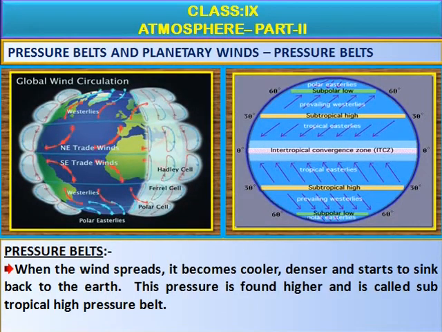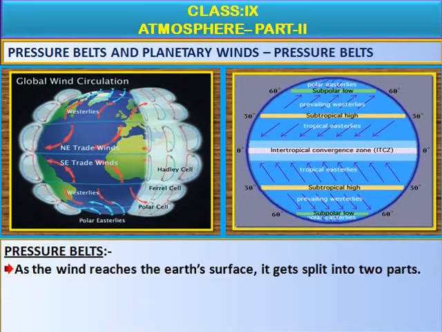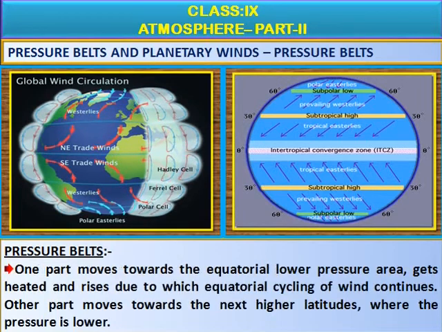This pressure is found higher and is called subtropical high pressure belt. When the wind reaches the Earth's surface, it gets split into two parts. One part moves towards the equatorial low pressure area, gets heated, and rises, due to which equatorial cycling of wind continues. The other part moves towards the next higher latitudes where the pressure is lower.